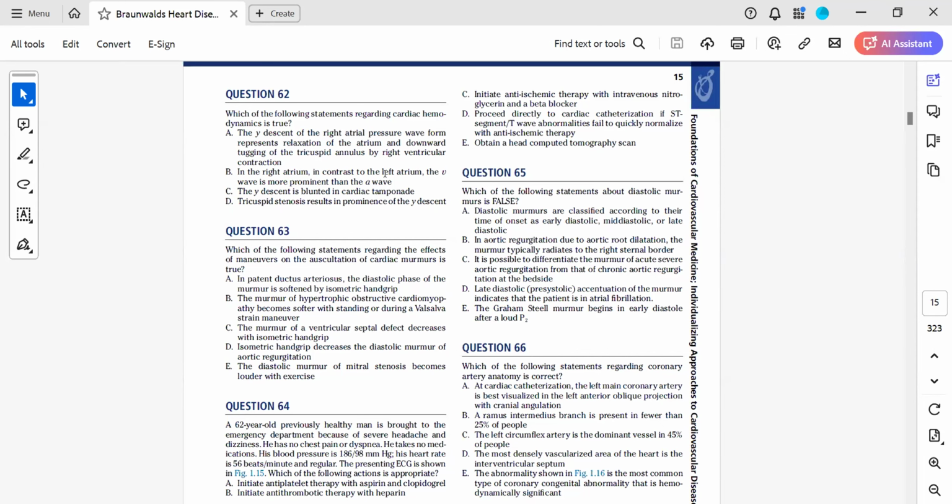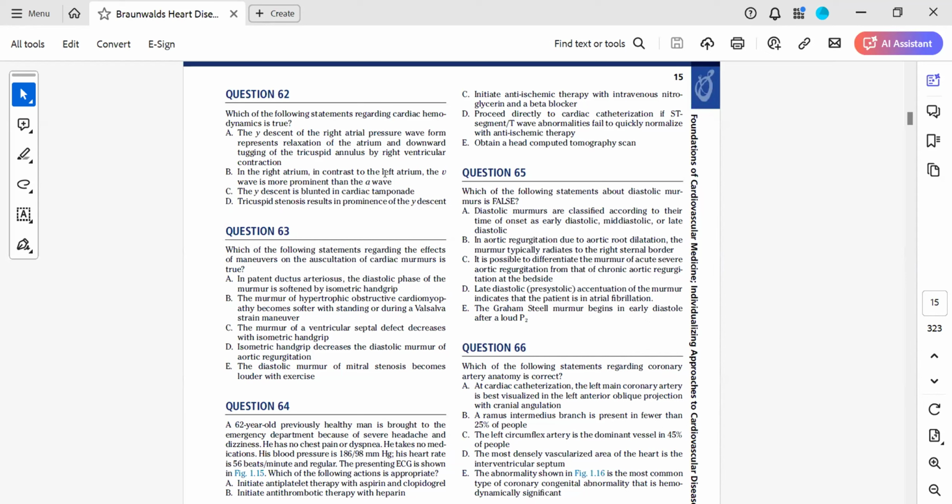I think with increased venous return, there will be increased end-diastolic volume. There is actually, they said that the strain phase of Valsalva maneuver and isometric hand grip are similar in action, as they also have to do with tensing of the muscles.